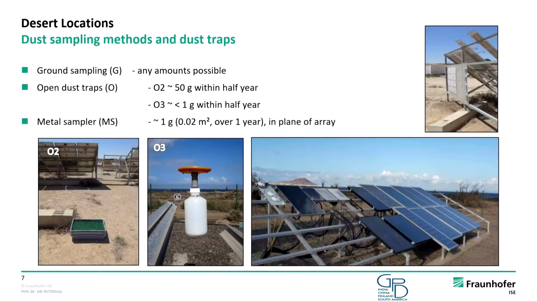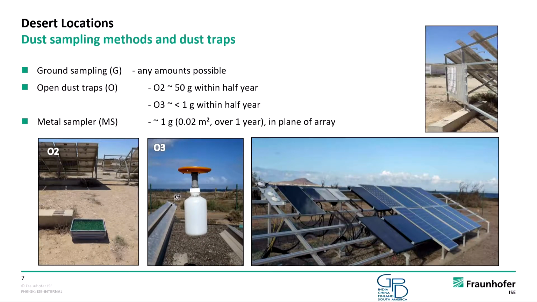But we also take some samples from surfaces, with our metal samplers, which are located in the planar array of PV modules on the rack, but also in a straight position, to see if there are some differences.